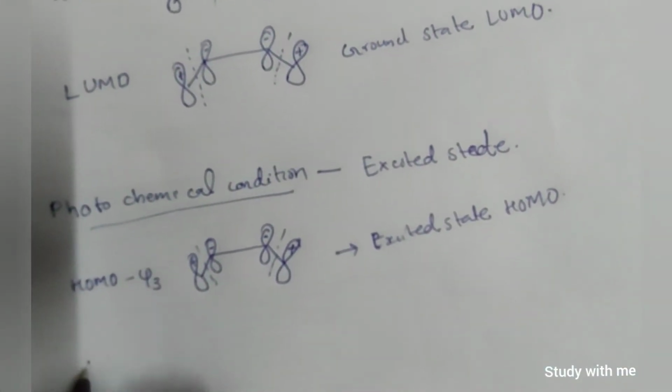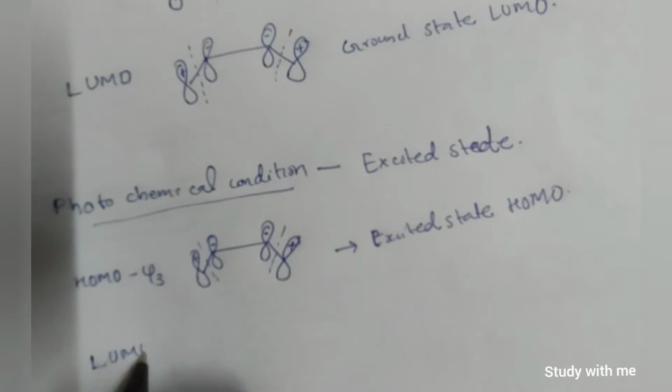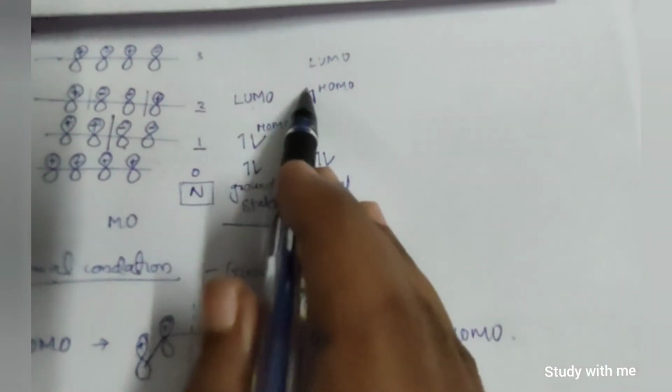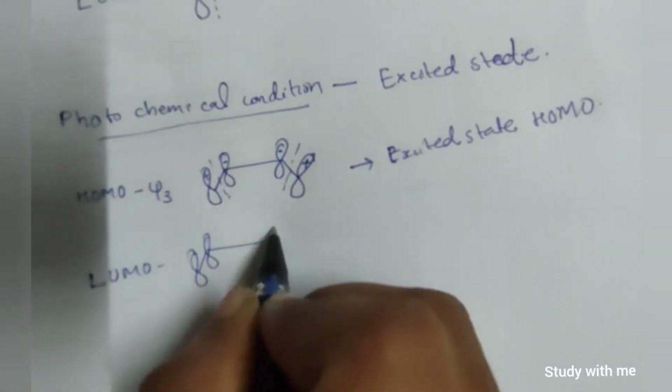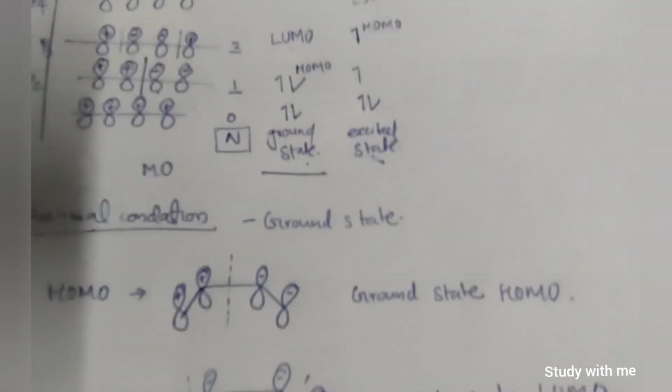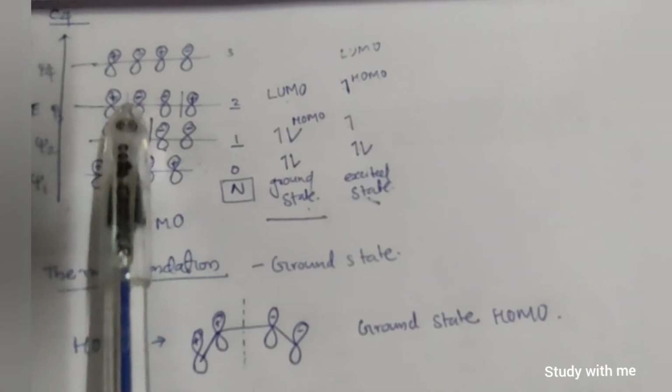Next we have to draw the LUMO. What is the LUMO here? In the excited state, the LUMO is psi 4. Psi 4 will be like this. How? Alternating positive, negative, positive, negative.